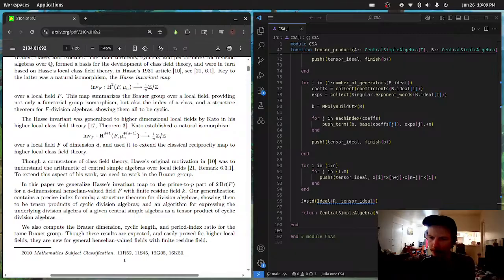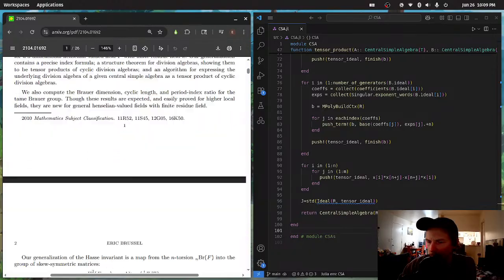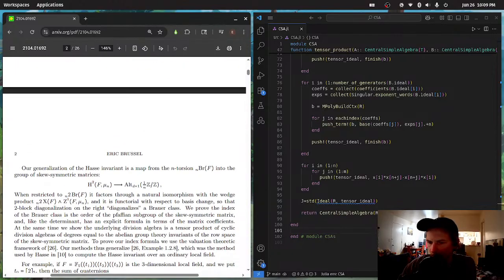So the paper computes the Brauer dimension, cyclic length, and period-index ratio for a tame Brauer group. And the way that it does it is it utilizes an isomorphism going from the n-torsion Brauer group to a space of alternating or skew-symmetric matrices with coefficients in 1/n Z mod Z.